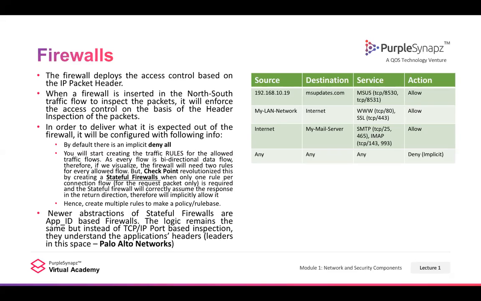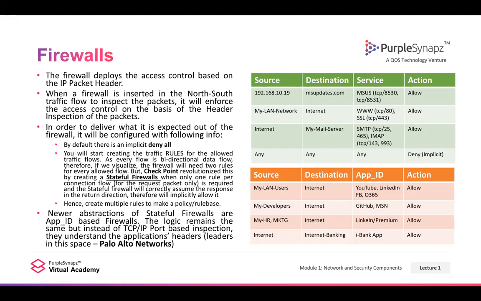Then we have the newer abstractions. We all know that the complexity is not only at the application level where people are using Microsoft update service, or going to the internet for web or browsing through SSL, or just sending and receiving mails.